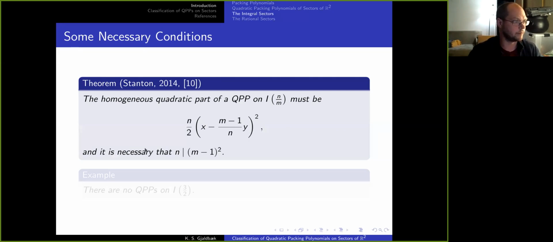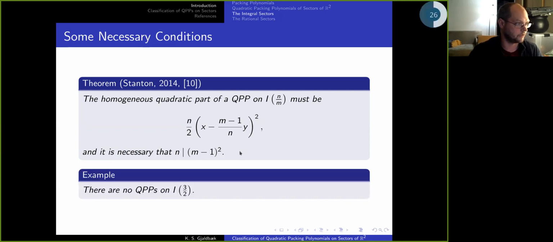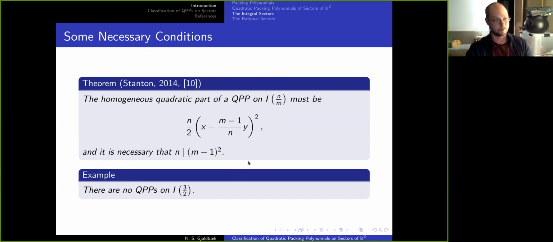So it immediately becomes a necessary condition that n divides (m-1) squared. Now, this allows us to rule out a lot of rational sectors immediately. For instance, there can be no quadratic packing polynomials with alpha equal to 3/2 because 3 doesn't divide (2-1) squared.